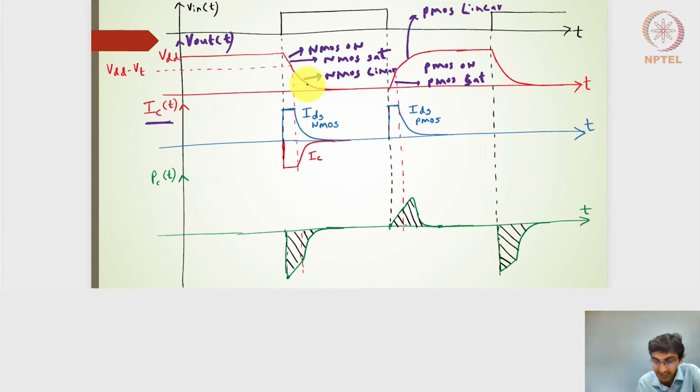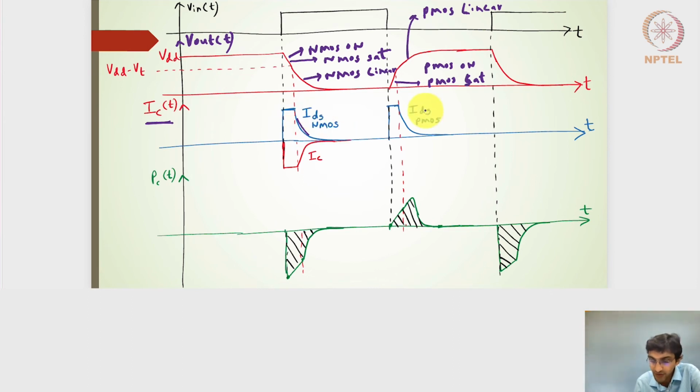Post that, while the output voltage is exponentially decreasing, we should have an exponentially decreasing NMOS current here. The reason is very simple, because the output voltage is actually going down. So my VDS value for the NMOS is going down, and that will have an effect on the current, and it will completely decrease.